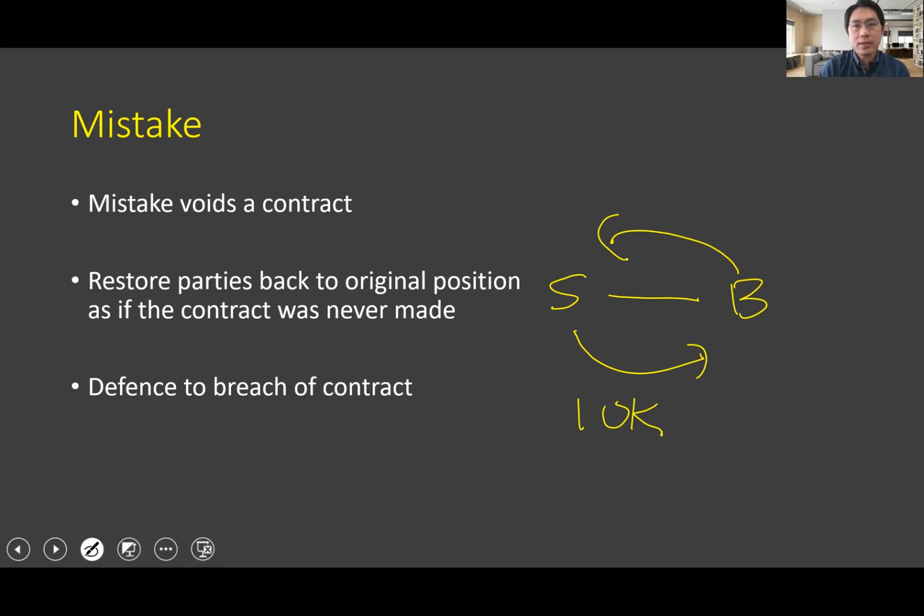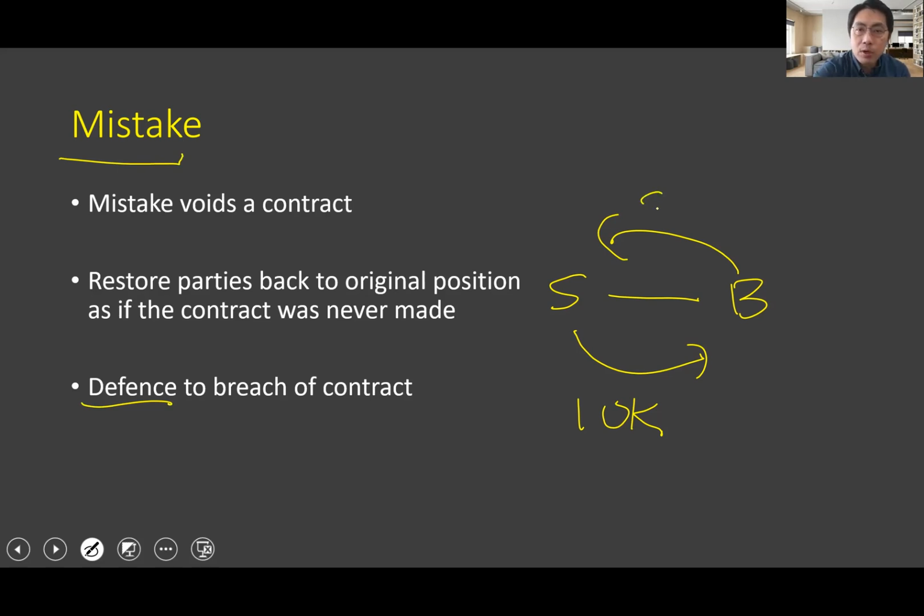But surely the seller would not want to be bound to the contract that had been formed, and so he will argue mistake and raise it as a defense. So he will not perhaps deliver the goods.